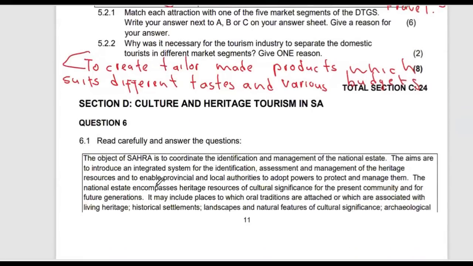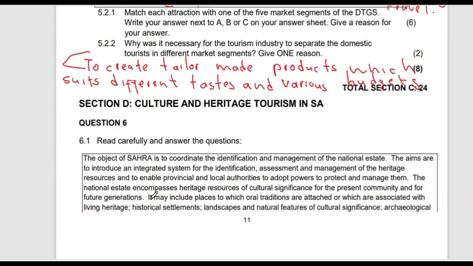Now, moving on to the next question, culture, heritage, and tourism in South Africa. The object of SAHRA is to coordinate the identification and management of the national estate. The aims are to introduce an integrated system for the identification, assessment, and management of the heritage resources, and to enable provincial and local authorities to adopt powers to protect and manage them. The national estate encompasses heritage resources of cultural significance for the present community.